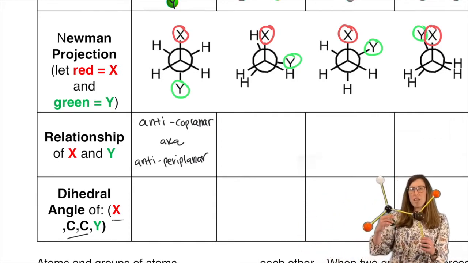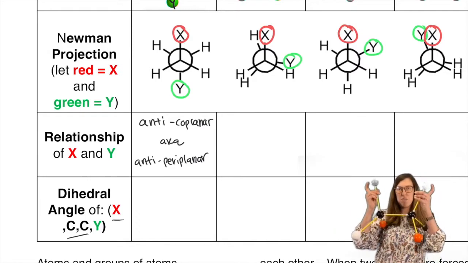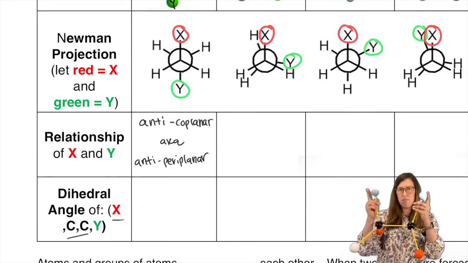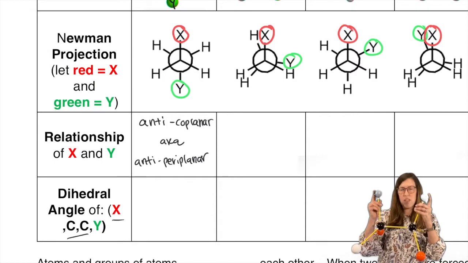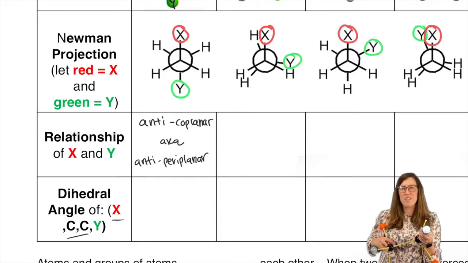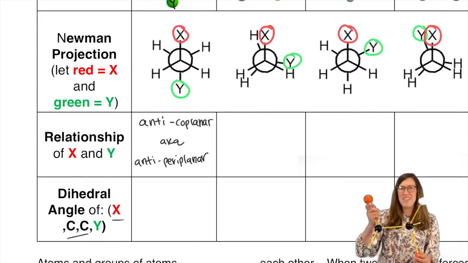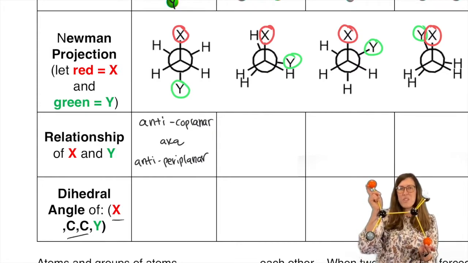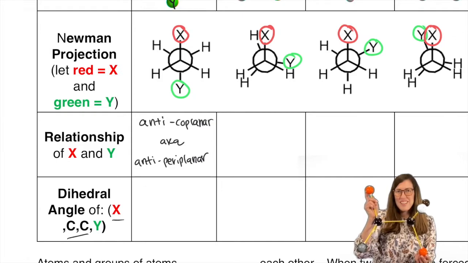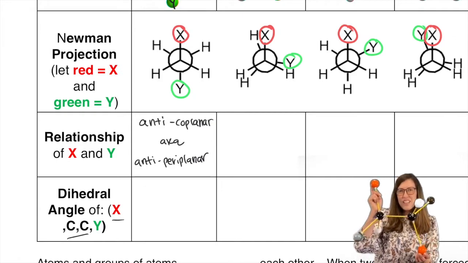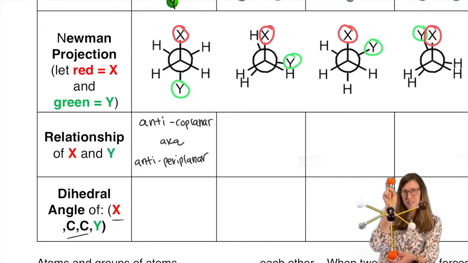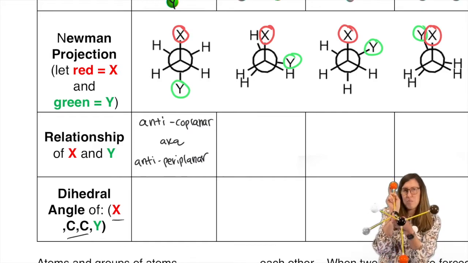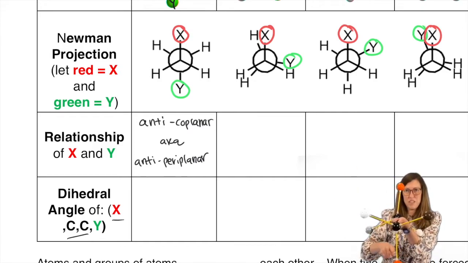If we want the dihedral angle of these two green spheres, just realize this is green screen, so they might not look green. How about we do the orange this time? The dihedral angle of the two orange spheres, see how they're opposite, just like the one in there? You could see from here pretty easily, they're 180 degrees from each other.